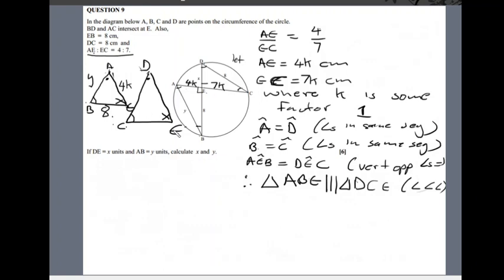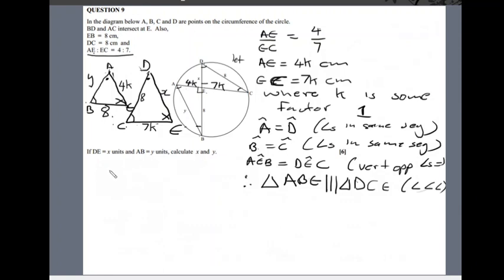Then in triangle DCE, DC is 8 centimeters, CE is 7K centimeters, DE is X, right? Now we want to find the values of X and Y.